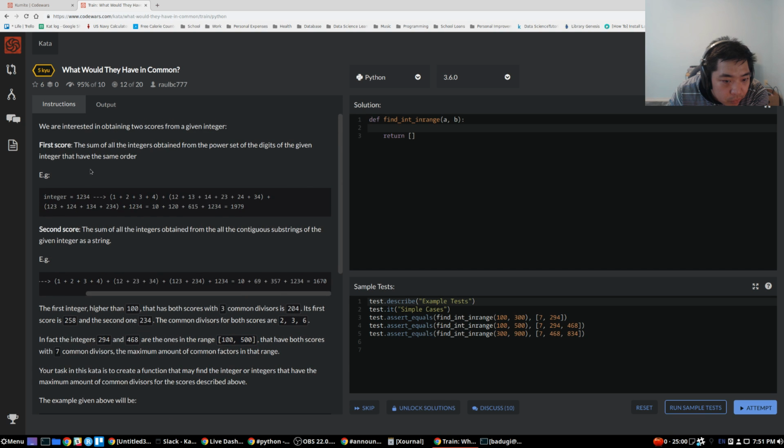204. Really? The first integer higher than 100 that has both scores with 3 common divisors is 204.